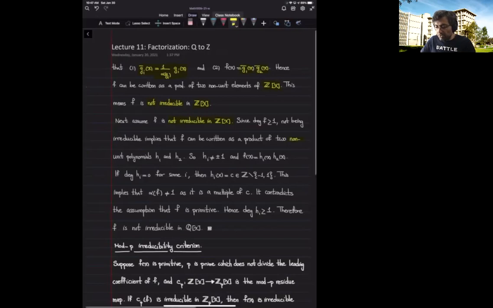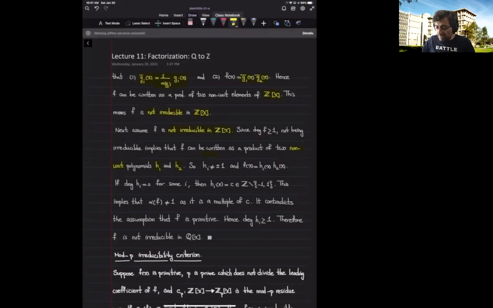So there are two non-unit polynomials, h1 and h2, integer polynomials. And remember, the group of units of Z bracket x has only two elements, plus or minus 1. That means h sub i's are not plus or minus 1. And f is written as h1 times h2.